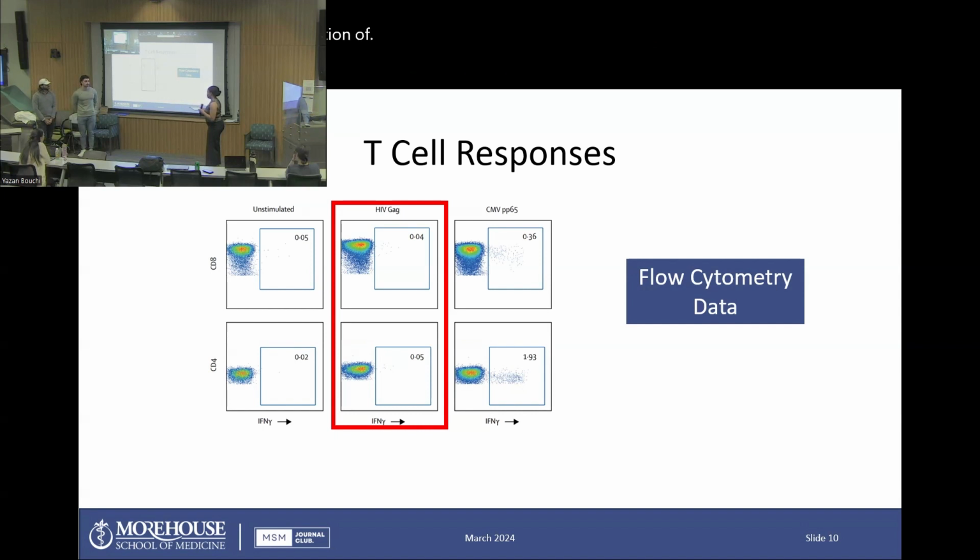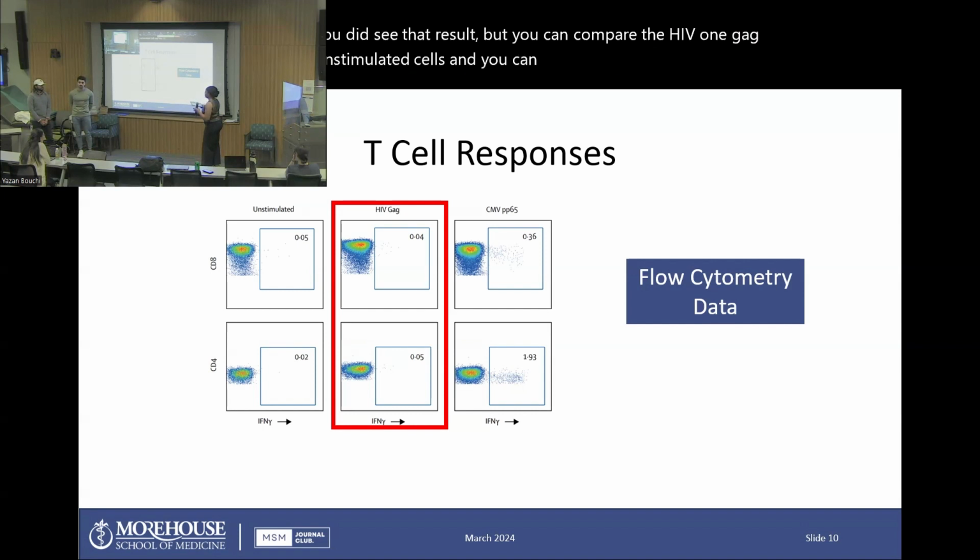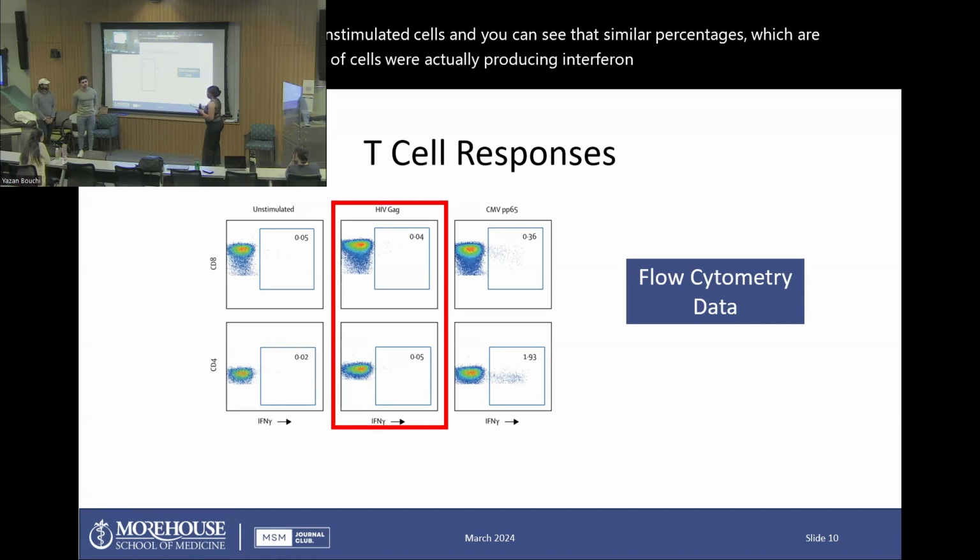But if you compare the HIV-1 GAG stimulated cells to the unstimulated cells, you can see that similar percentages of cells were producing interferon gamma compared to the control. So there was no marked increase in the production of interferon gamma.